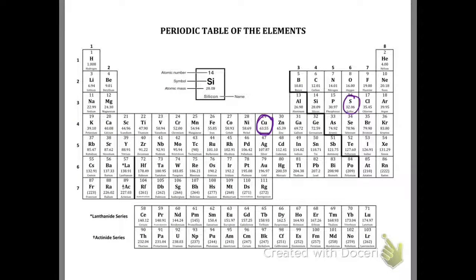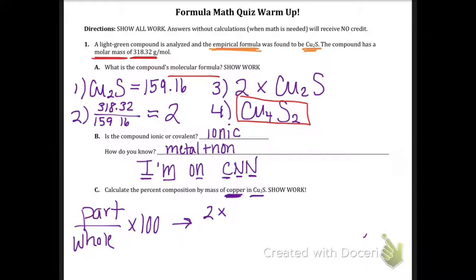The mass of copper is 63.55. So here I'm going to write 63.55 gives me a mass of 127.1. So I am now going to take 127.1 and divide it by the total.